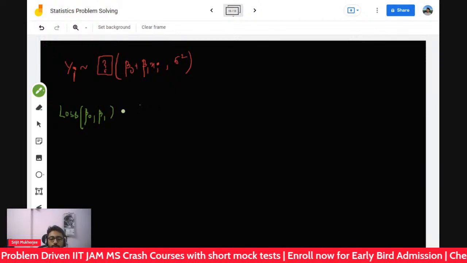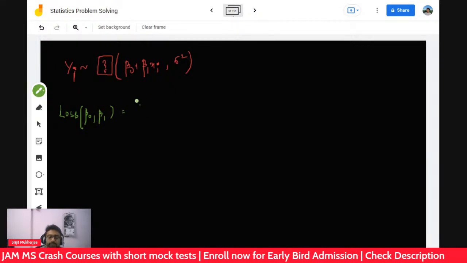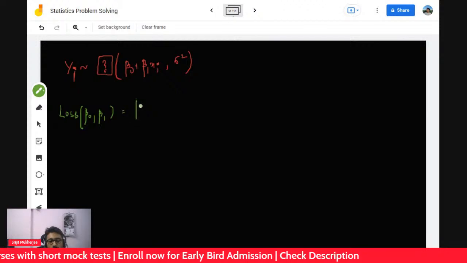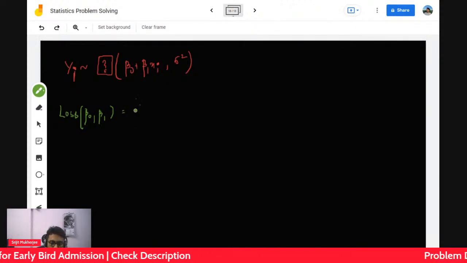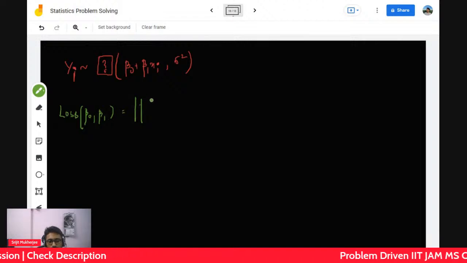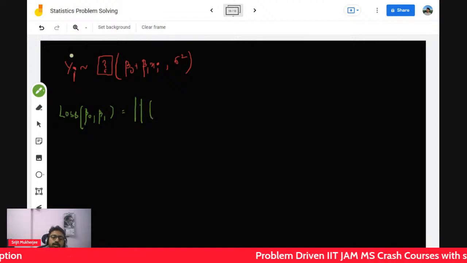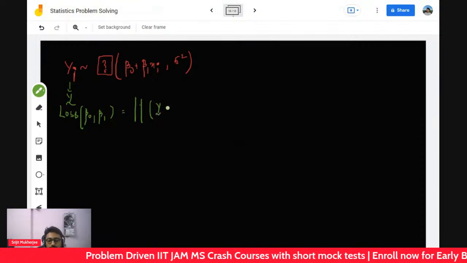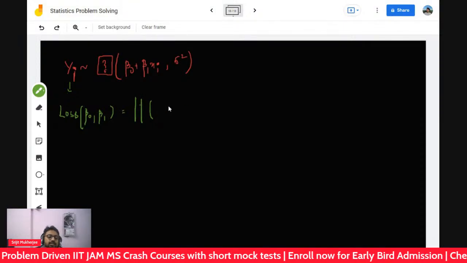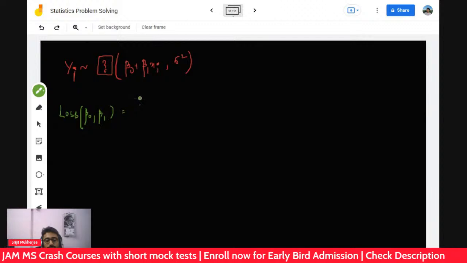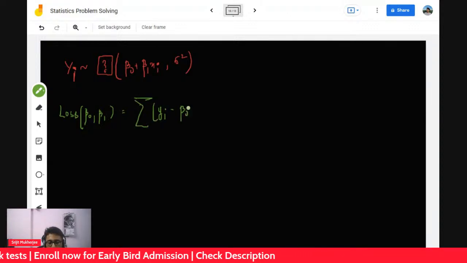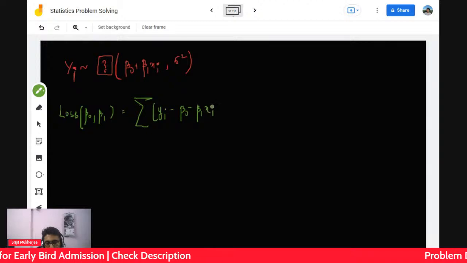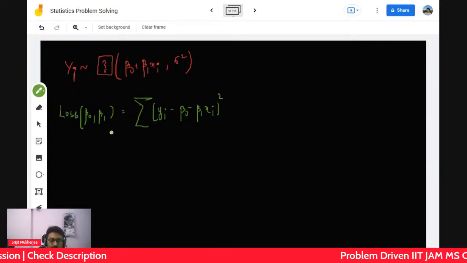This is the least square algorithm, which is in some sense the norm, or the length of the error vector. So we write it as the summation of (yi minus beta naught minus beta 1 xi) whole square, and we minimize it.